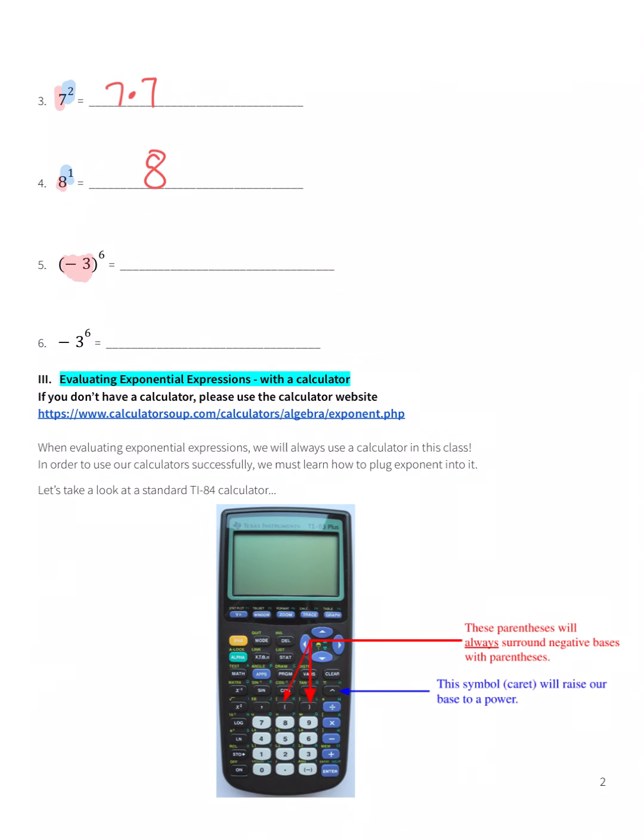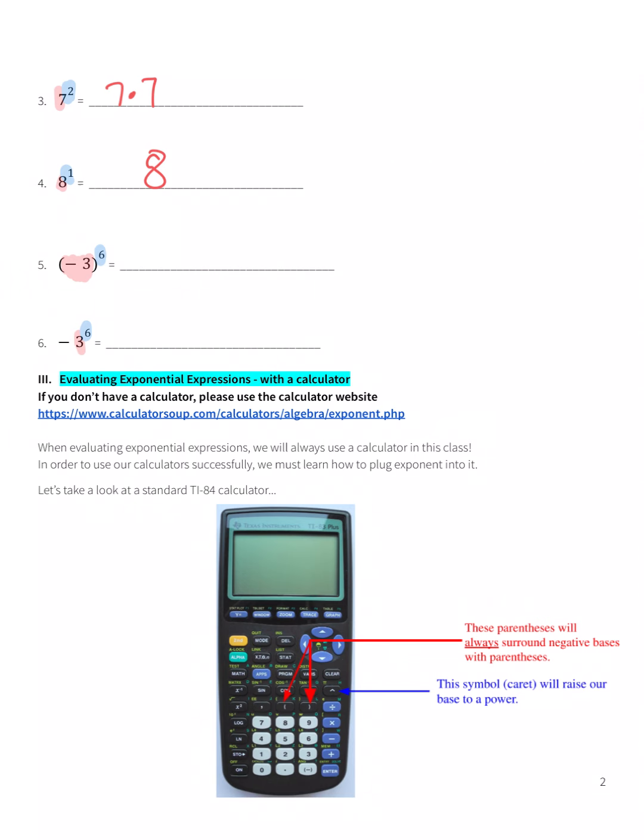Because the negative number is in the parentheses, we know it's -3. When I look down at this one, you can see that there's a negative sign, but it is not in the parentheses. So this means that 3 is simply my base. Okay, both of these have the same power, but the answer will not be the same.